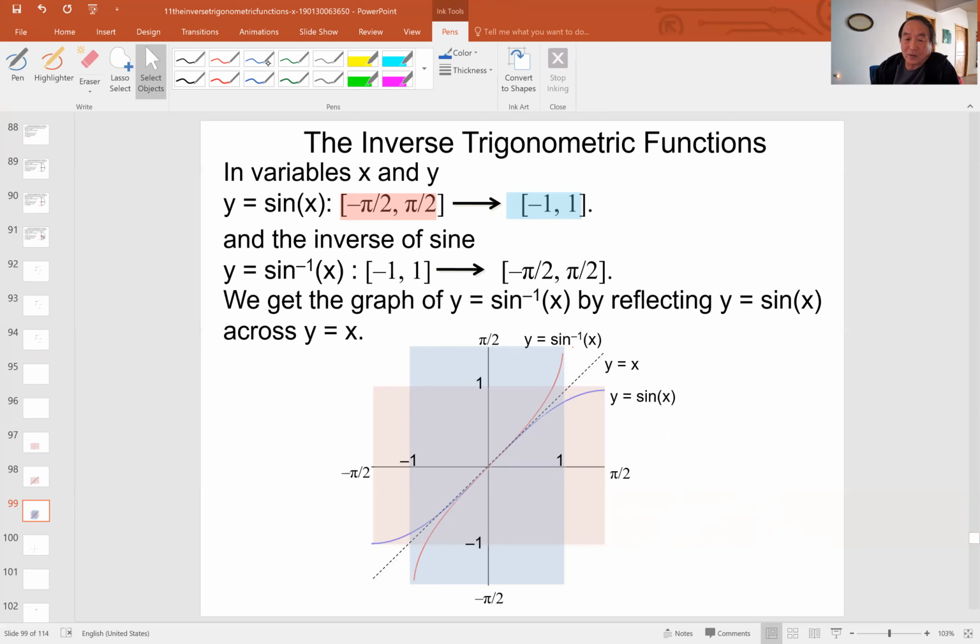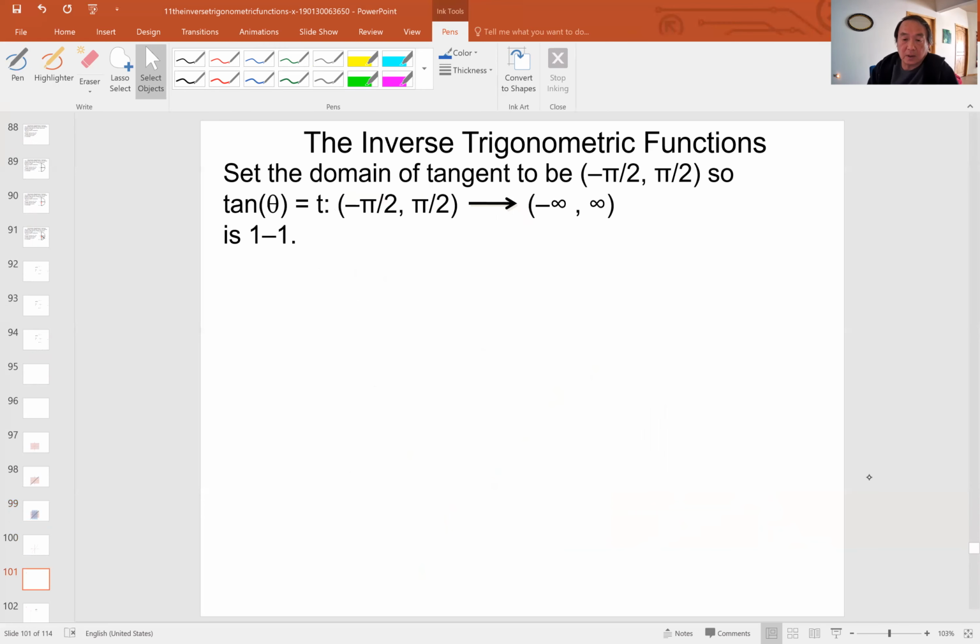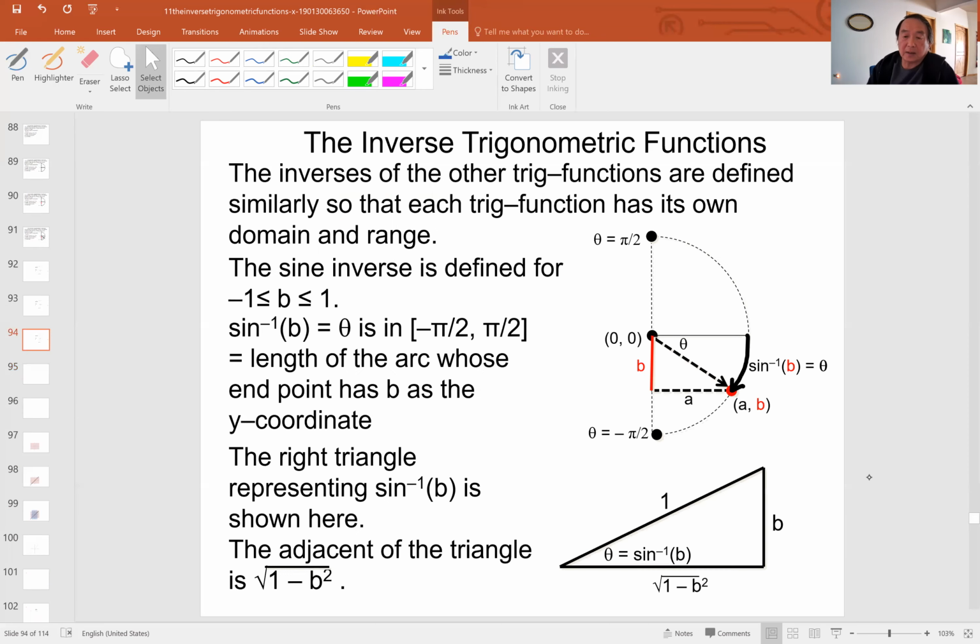So y equals the inverse sine of x is the red line, the reflection of the blue line, sine of x. It is a function because sine of x is 1-to-1 within -π/2 to π/2. It has these pictures associated with the semicircle of angles I'm extracting from -π/2 to π/2.